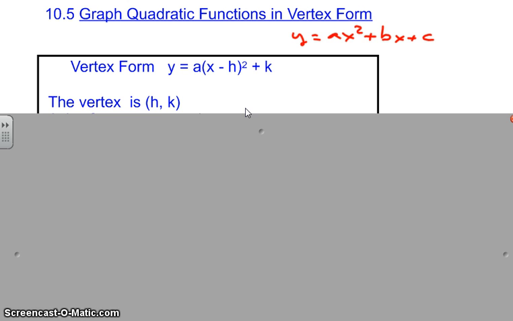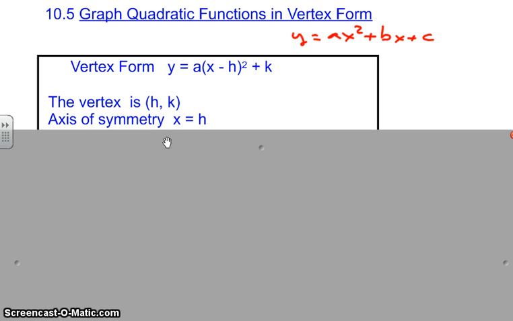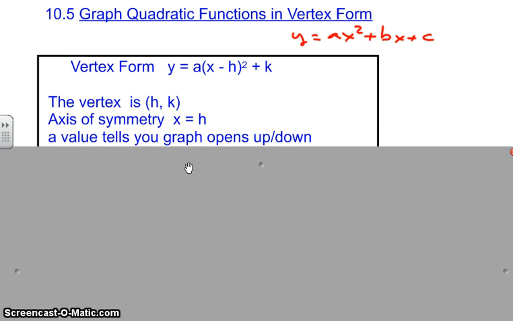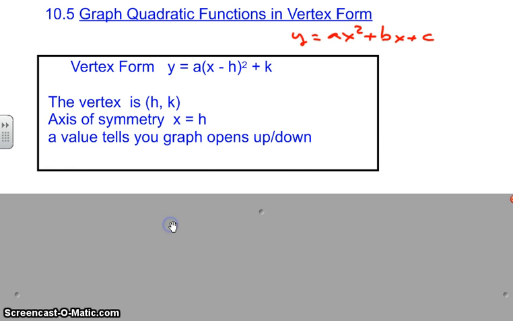It's where the axis of symmetry is. So h is your axis of symmetry, right? And the a value is just like the a value in our standard form. It tells you whether the graph opens up or down.